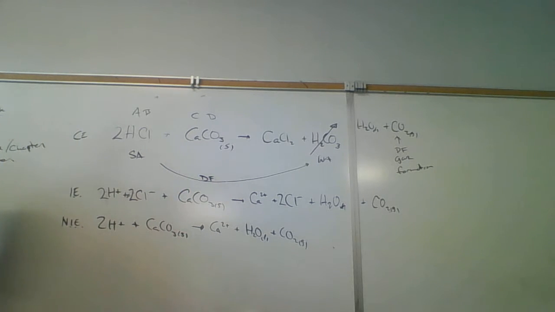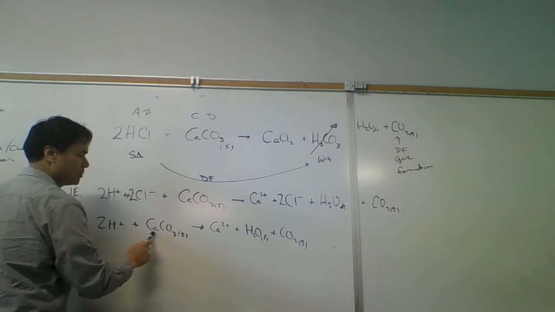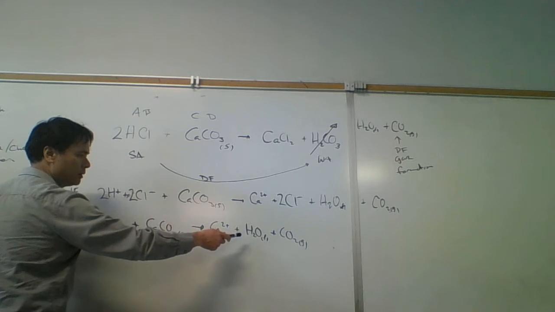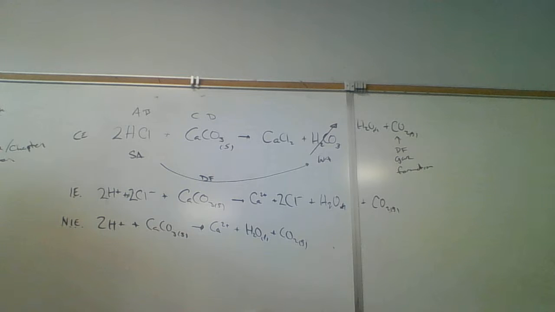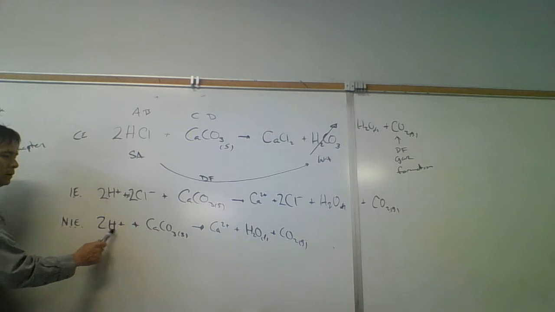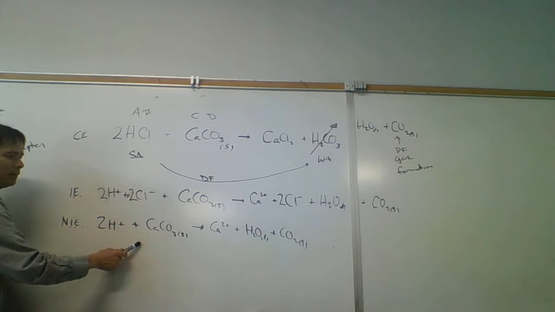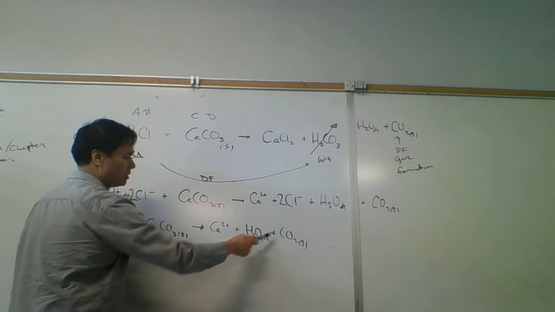And so one way to check to make sure that the equation is balanced is to check the atom balance first. 2 hydrogens, 1 calcium, 1 carbon, 3 oxygens, 3 oxygens. So the atoms are balanced. But you also have to make sure that the charge is balanced. So the net charge on the left would be plus 2 and 0, so plus 2 on the left, has to equal the net charge on the right, which is plus 2 and 0 and 0, so it's plus 2.